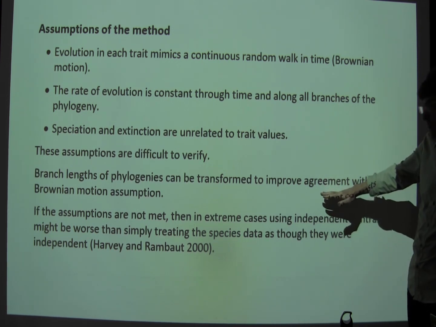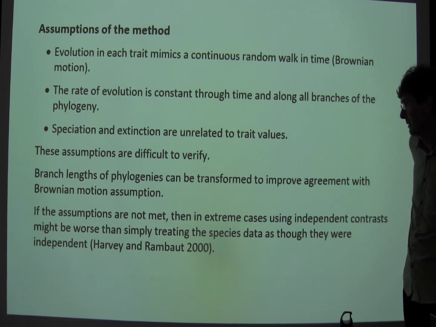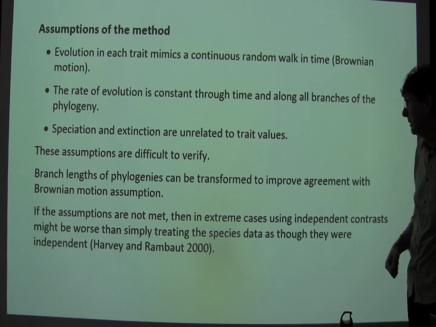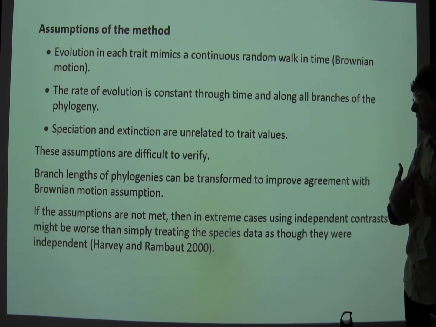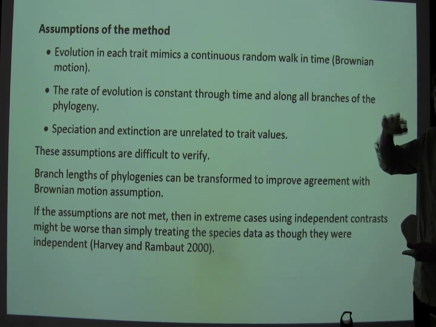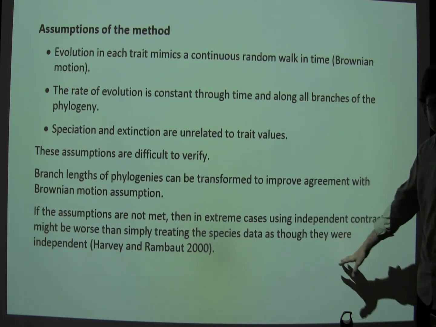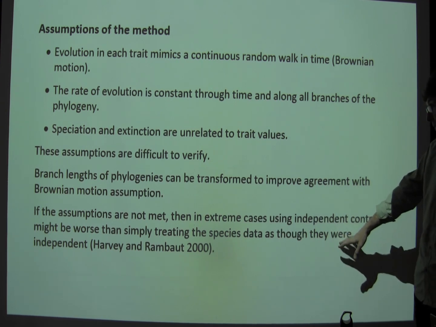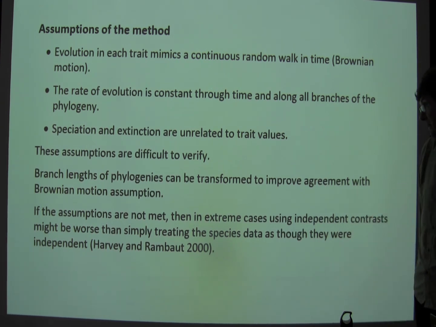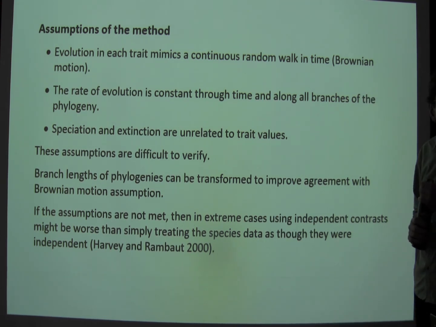Also, I'll show you in workshop this week how the branch lengths of the phylogenies can be transformed to improve agreement with the Brownian motion assumption should the rates of evolution change over time. But there's been a lot of simulations done with this method, and Harvey and Rambaut asked the question, if the assumptions are not met, then is it still good?